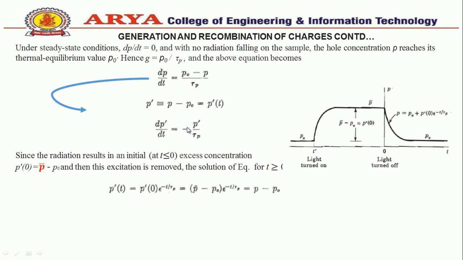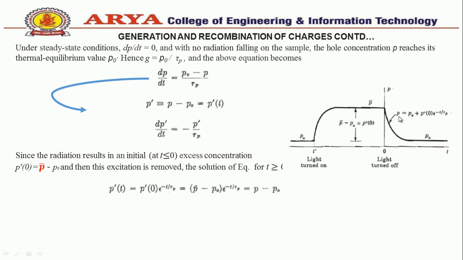Since the radiation results in an initial condition at t less than or equal to 0, that is this area, the excess concentration is given by p bar minus p0, and then the excitation is removed. The solution of the equation above for t greater than or equal to 0 gives the excess concentration as p dash 0 e raised to power minus t/tau p.